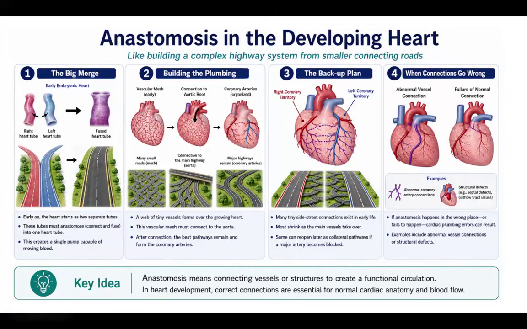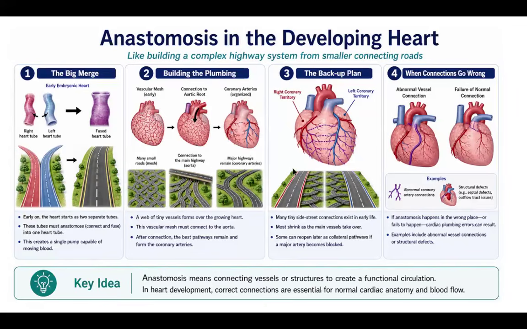Now from there, we have to build this like plumbing system. And so that's where we have these vessels, like the vascular mesh, and the connections of the blood flow. And so that's similar to those pathways that we see off of those main roadways, the major highways, or so forth. I love the analogy of the coronary arteries, which will create like some bypasses and so forth.